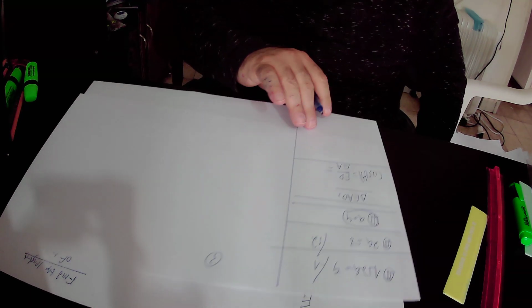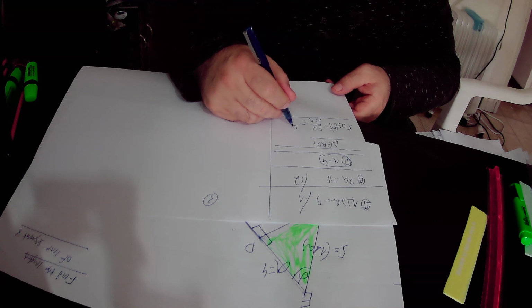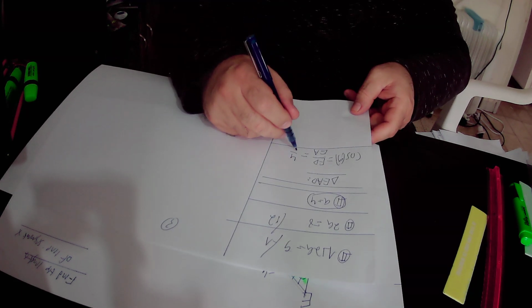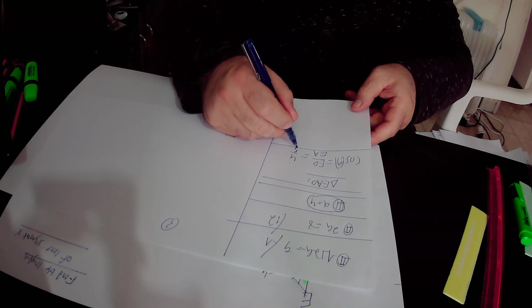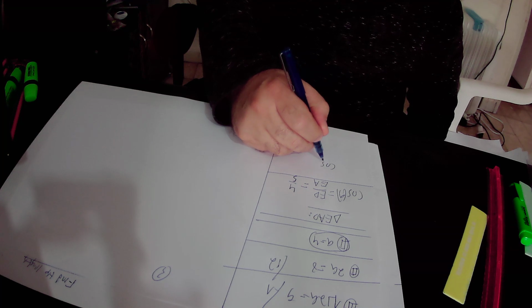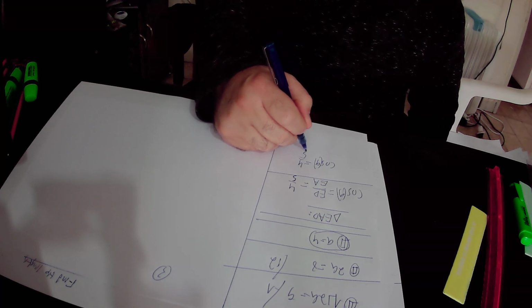We already found out that ED equals 4, so we substitute ED by 4, and EA equals 5, so we substitute EA by 5, and so we found out that cosine alpha equals 4 over 5.